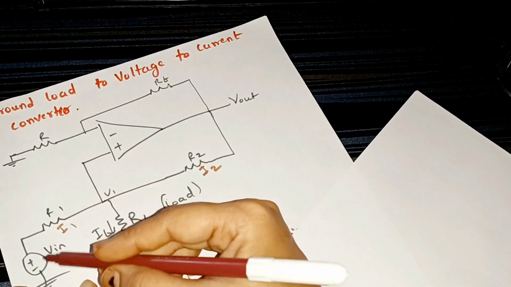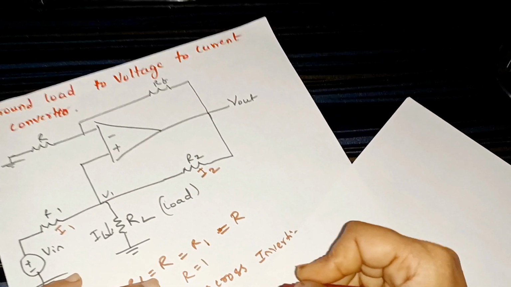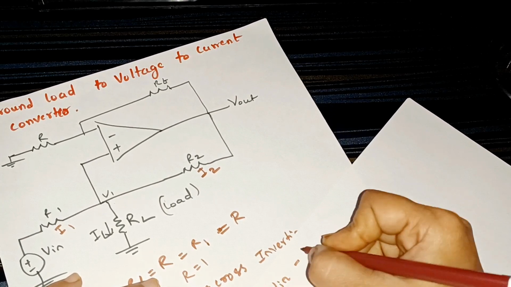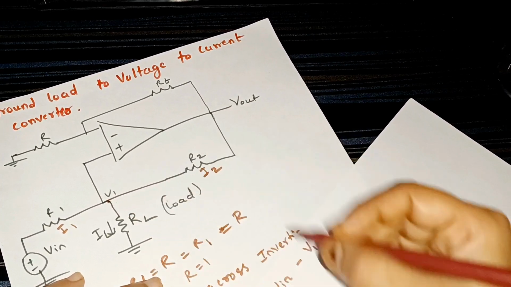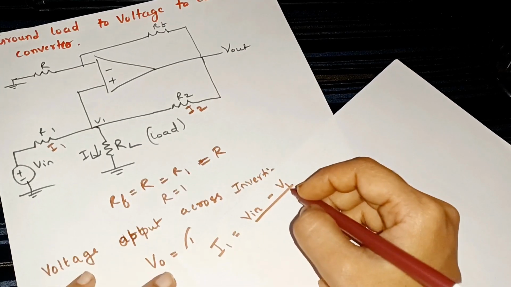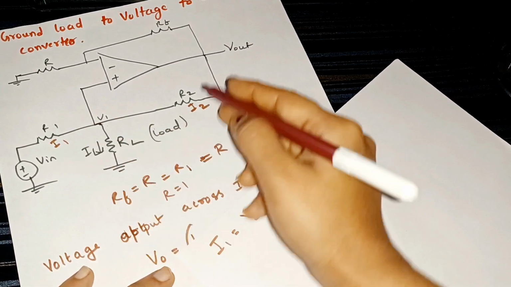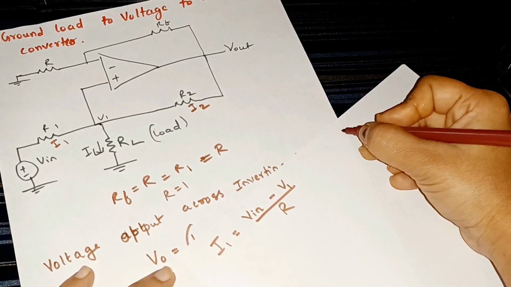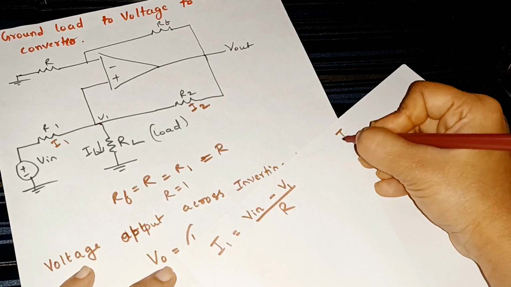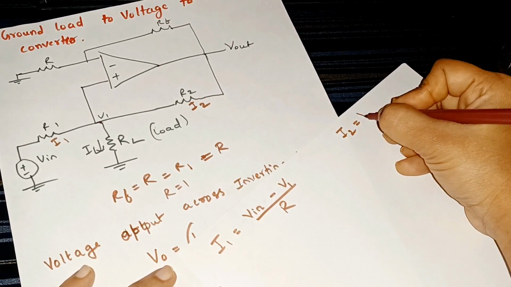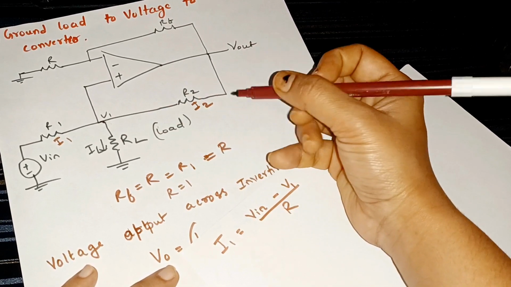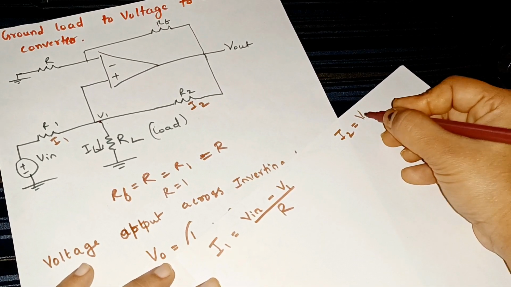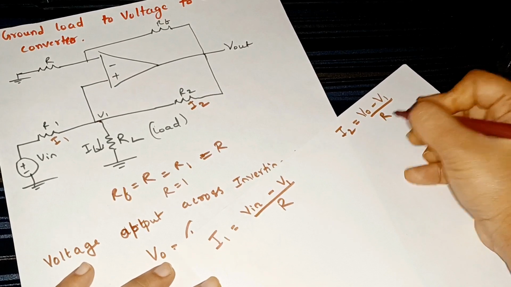I1 is Vin minus V1, because this is a virtual short circuit point, divided by the resistor R. And I2 is flowing from V1 to V0, so I2 equals V0 minus V1 divided by R.